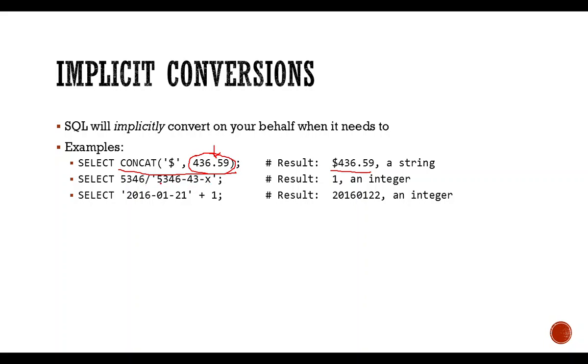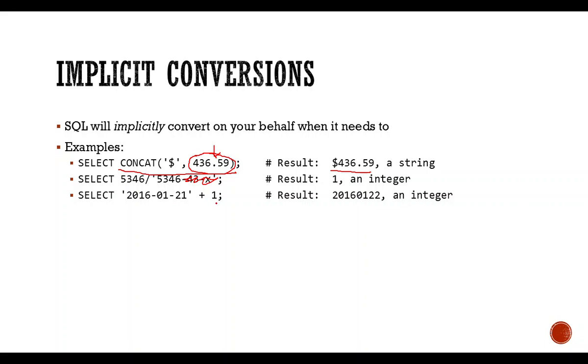Therefore, I'm going to do my best to convert this into a number. When it does that and it runs into this hyphen, it goes, okay, I don't know what that is, so never mind. So it just ignores all the rest of this and divides this by this and yields an integer 1. Again, maybe that's not what you wanted or expected, but it did it on your behalf, and there you go.